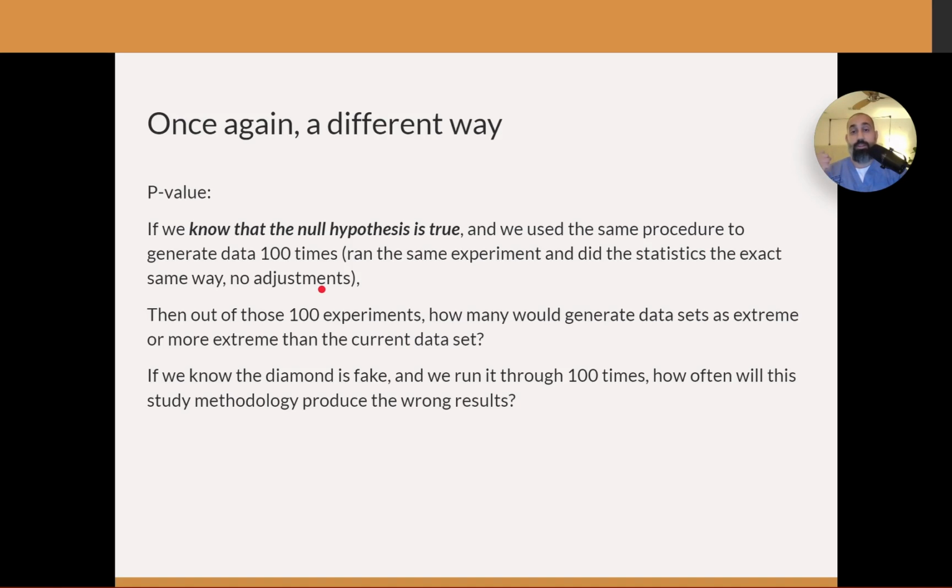If you already know the situation, then how often is your test or study going to give you the right or wrong answer? By contrast with specificity and the false positive rate, if you already know that the diamond is fake, if you already know the patient does not have the disease, if you already know that there is no difference between the drug and placebo, how often will this testing methodology give you the correct answer? And that's like the power, and the p-value is like the sensitivity.